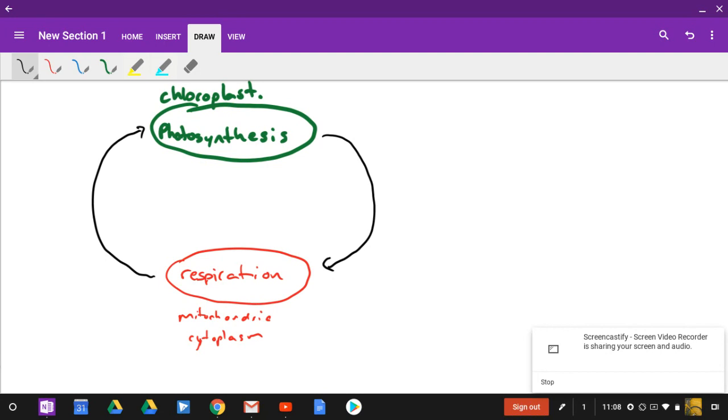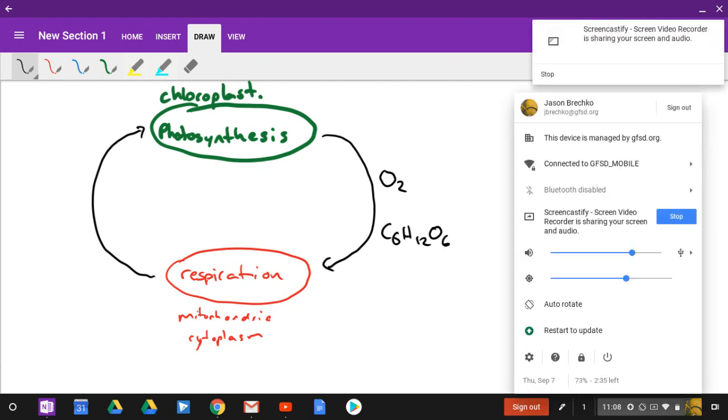And what photosynthesis produces that respiration needs is oxygen, and it also produces glucose. Okay, so this is oxygen, and that's glucose.